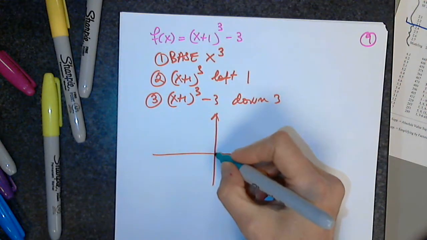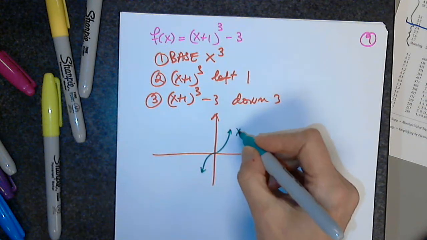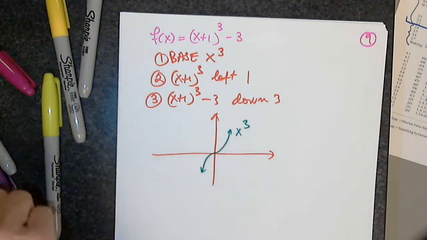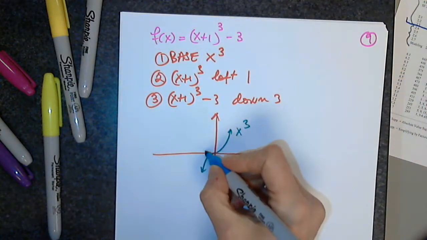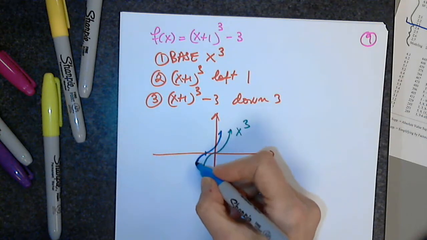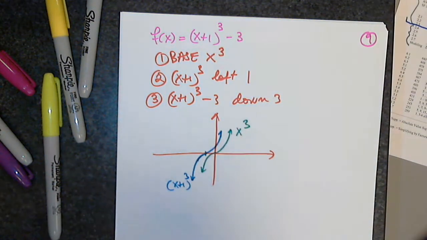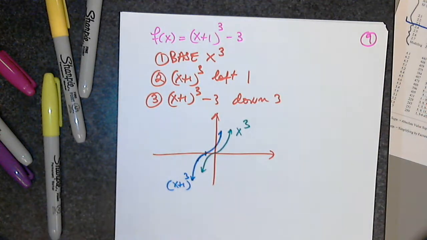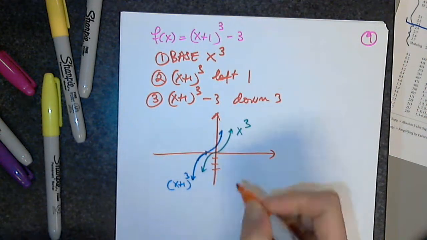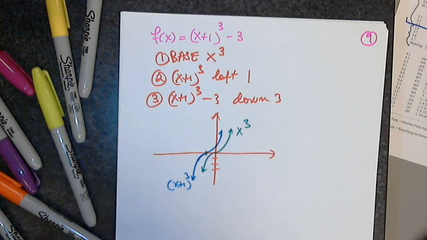So here's the base function. I shifted 1 to the left. And now I shift this graph 3 down. 1, 2, 3.